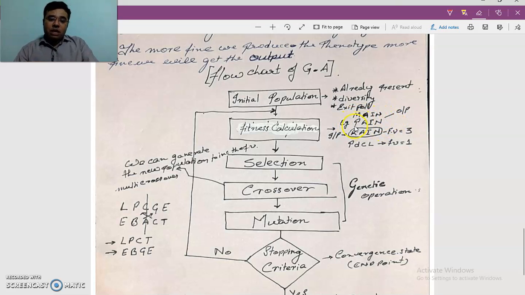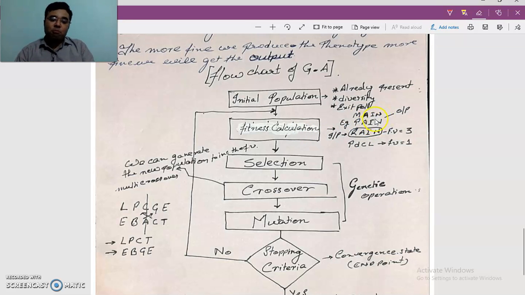Now what I need to put as an input, after getting into the population, is that I have again segregated a few words, which are known as phenotypes, right? What I have selected as a phenotype is RAIN. Now I need to calculate the fitness of the input against the output.